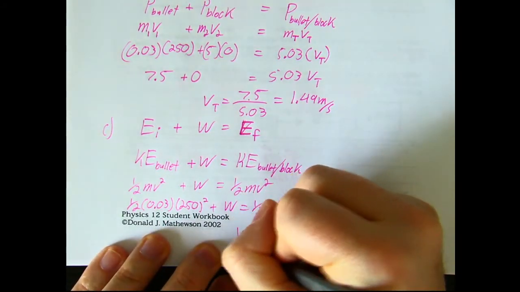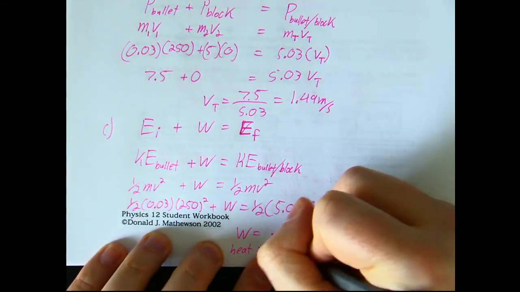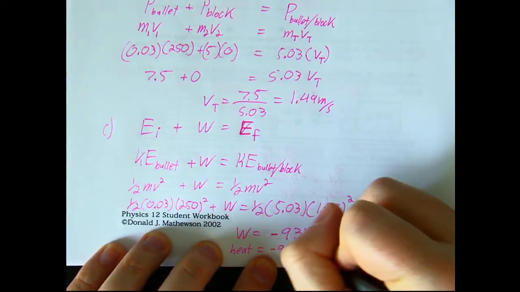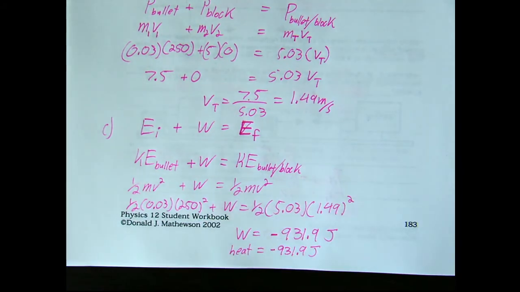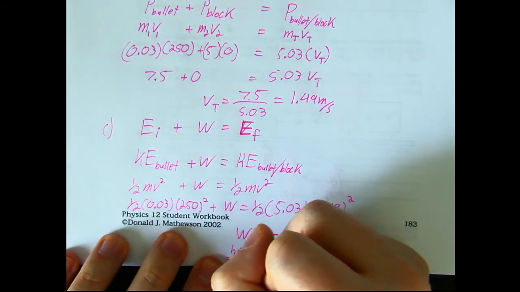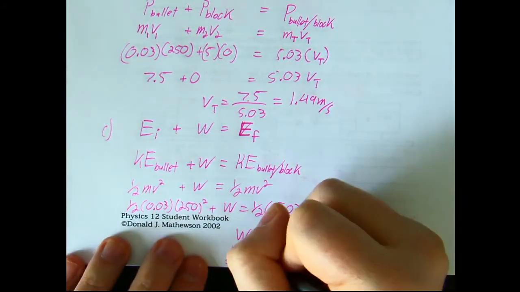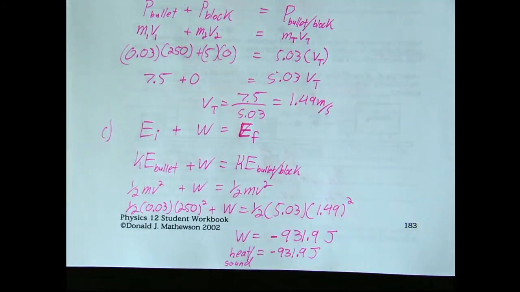Well, there's only one way energy is going to leave the system like this, and that's in the form of heat and, well, you can say sound. The vast majority of that's going to be heat. So the block is going to heat up like crazy because of the impact.